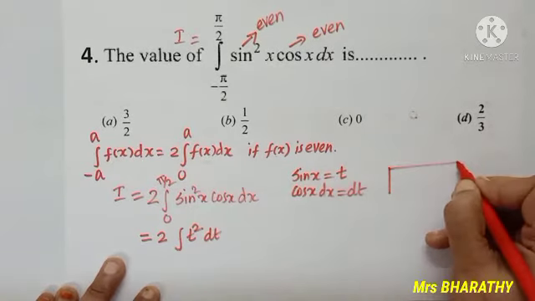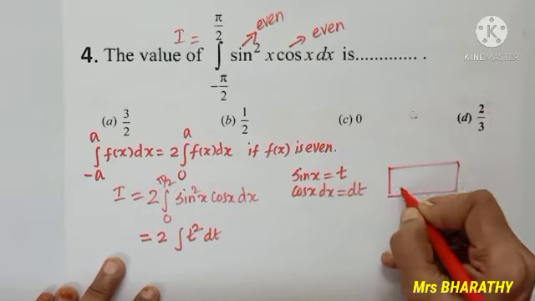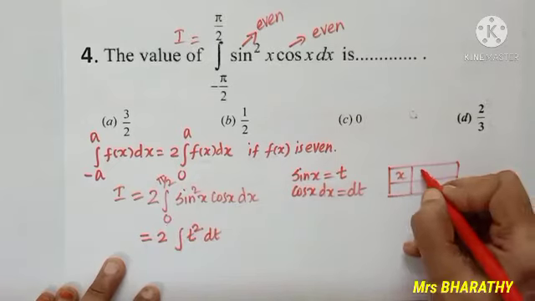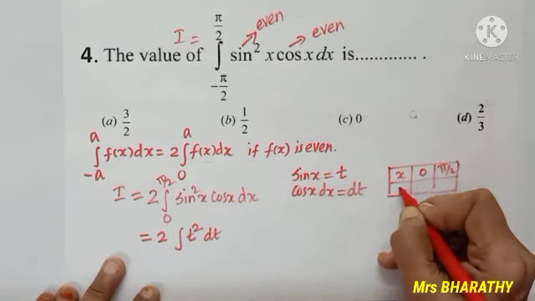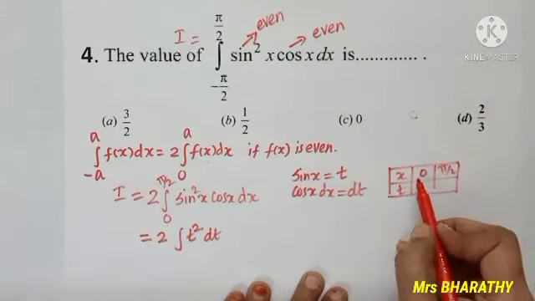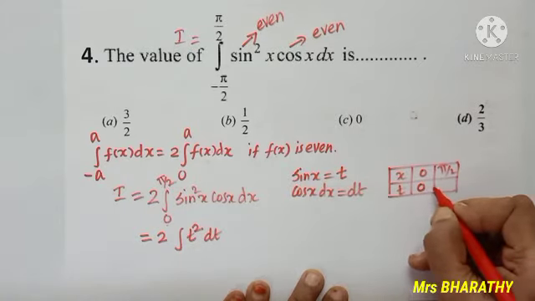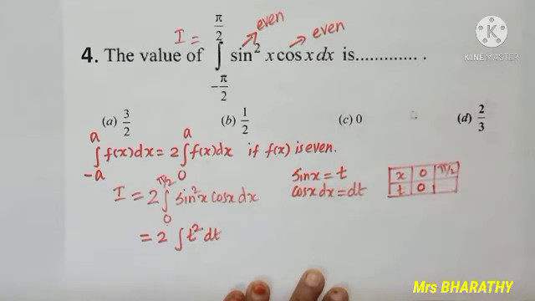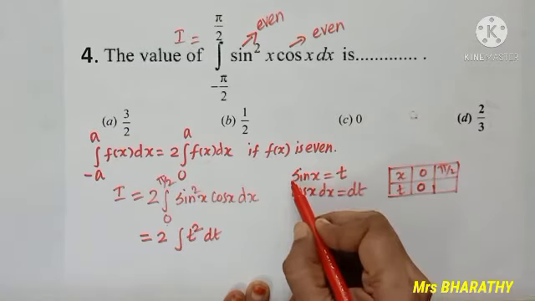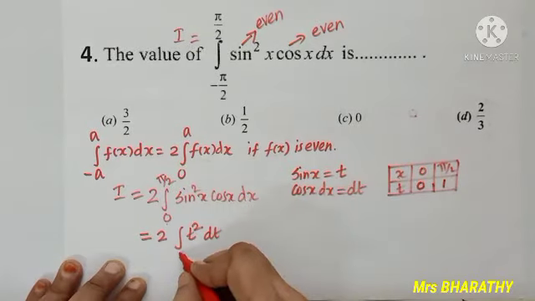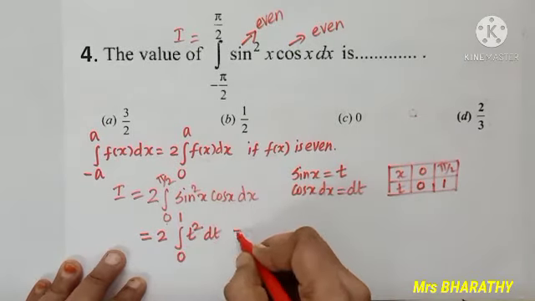Changing the limits from x to t. For x, the limits are 0 to pi by 2. For t, when x is 0, sine 0 is 0. When x is pi by 2, t equals sine pi by 2, that is 1. So the limits have now become 0 to 1.